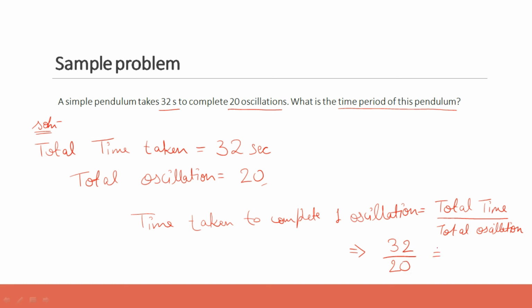When you divide 32 by 20, we divide both of them by 2, we get 16 over 10. So the answer is 1.6 seconds. This is the time taken by the simple pendulum to complete one oscillation, or in simple terms we call it the time period of a simple pendulum.